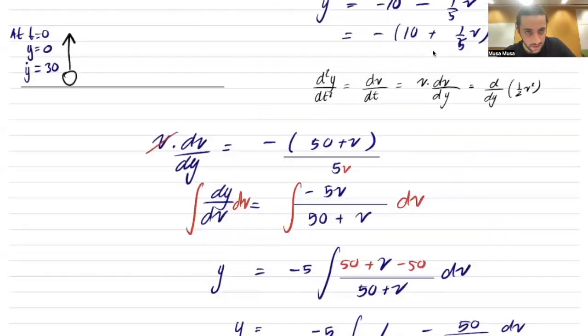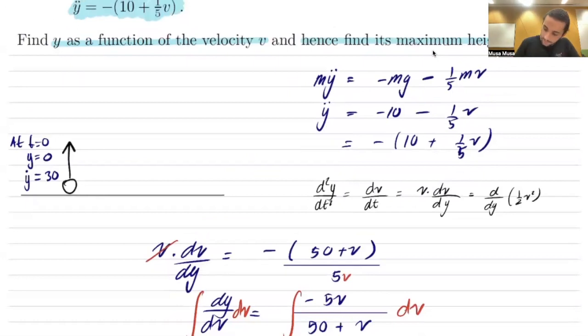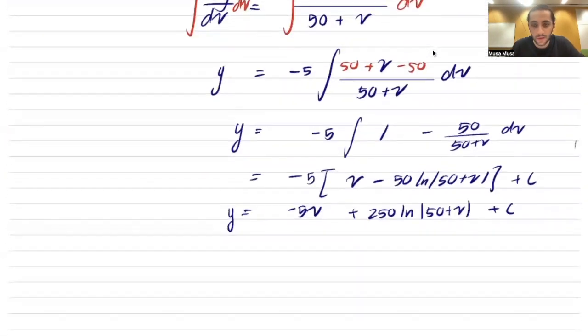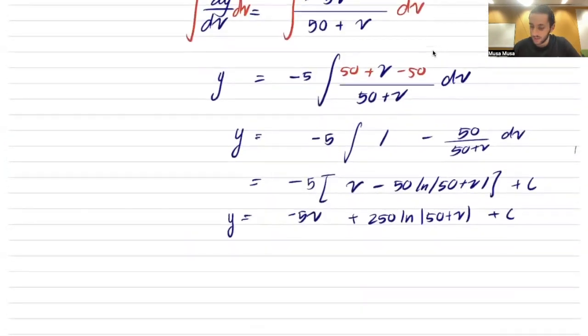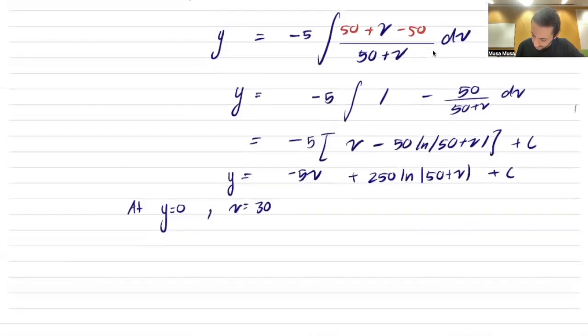Nice. Now we need to find C. Do you see how it says here, at Y equals 0, Y dot, which is also another way of saying V, equals 30? So I think we can sub that all in now. So at Y equals 0, V equals 30. Is it 30? Did I read that wrong? No, 30. Perfect.